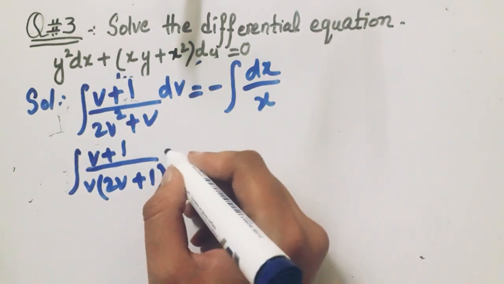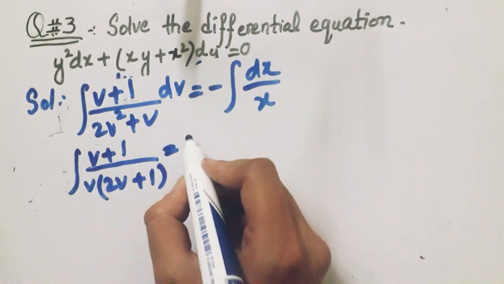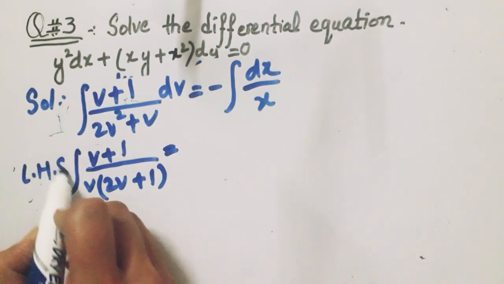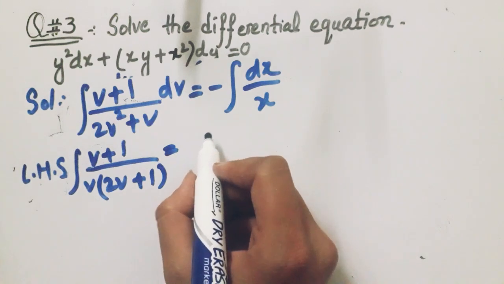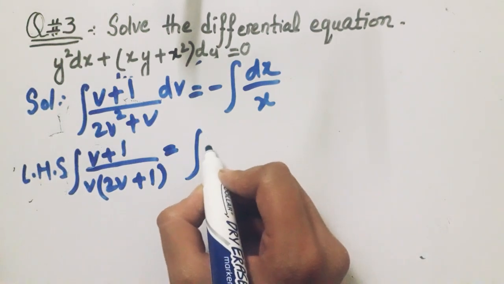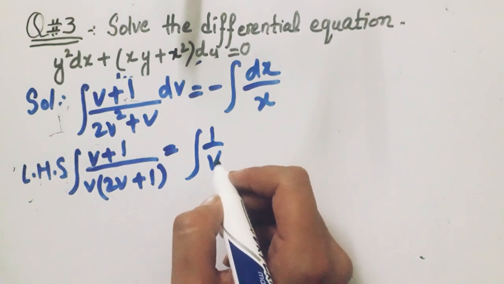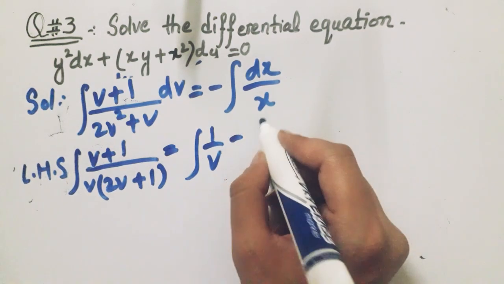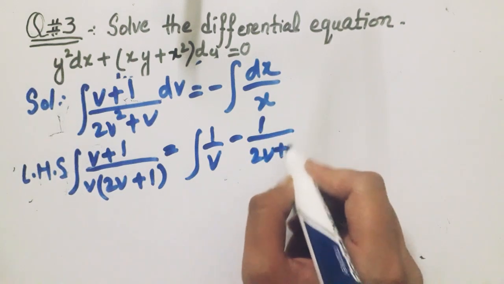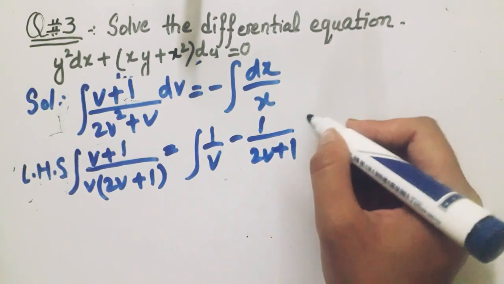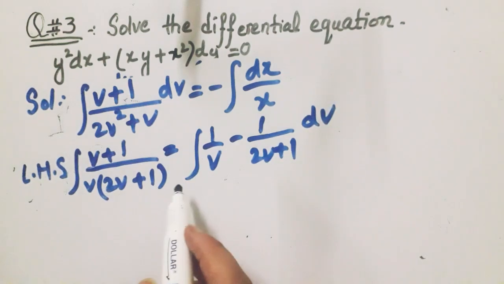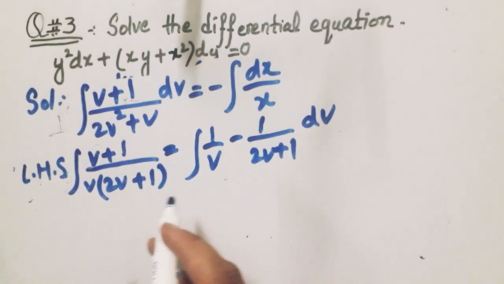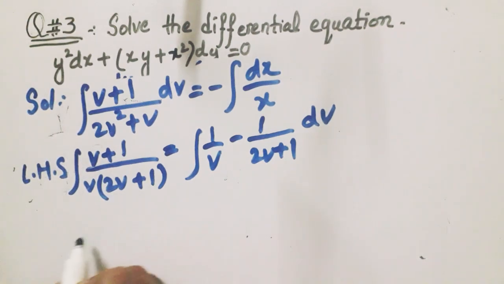We will solve first the left hand side, then the right hand side. So this is equal to 1 over v minus 1 over (2v plus 1) into dv. We have solved this by the method of partial fraction.